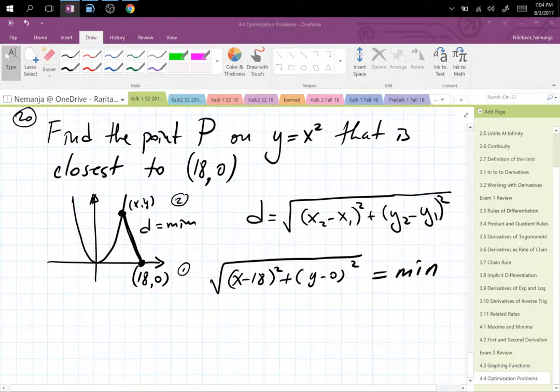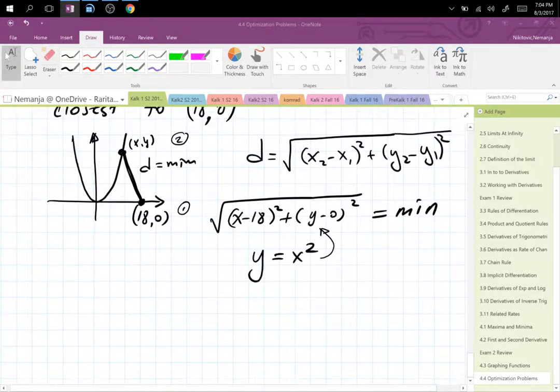Right? And then we also have the constraint equation, which is y equals x squared. You can replace the y with x squared and FOIL everything out.